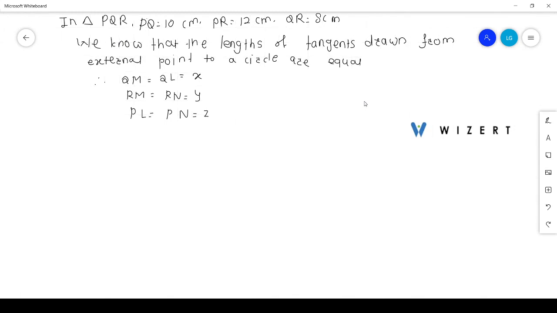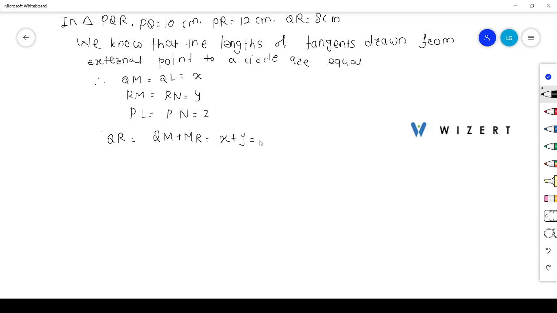Now, here we have given that QR equals 8 centimeters. And from the figure we can observe QR equals QM plus MR, that is X plus Y equals 8 centimeters. Suppose this is equation number 1.